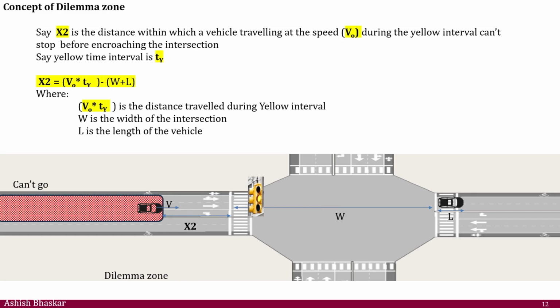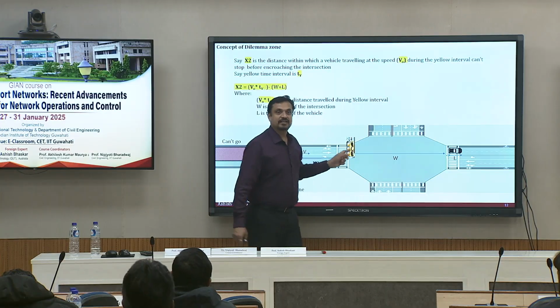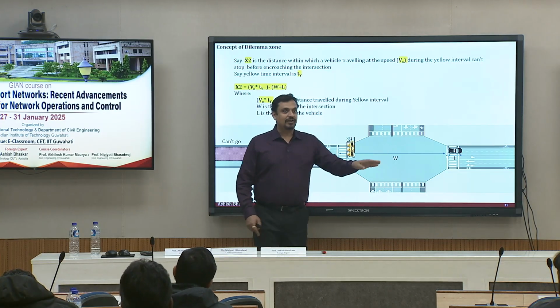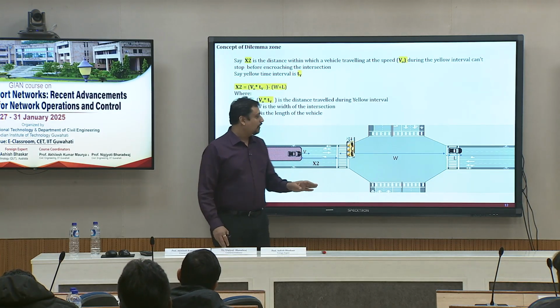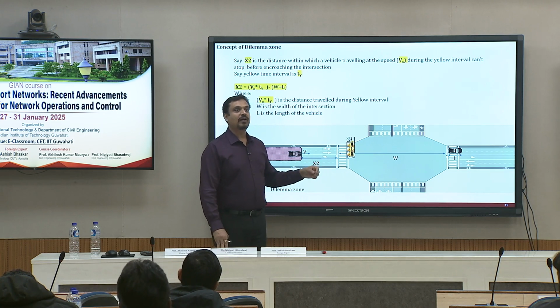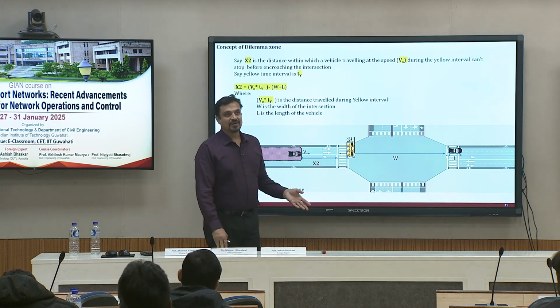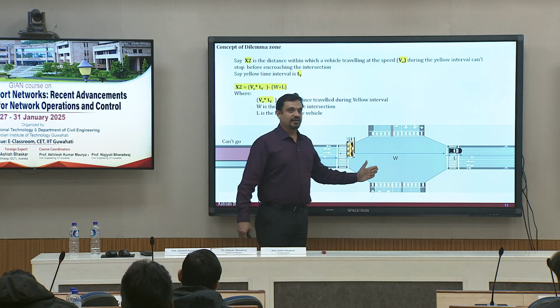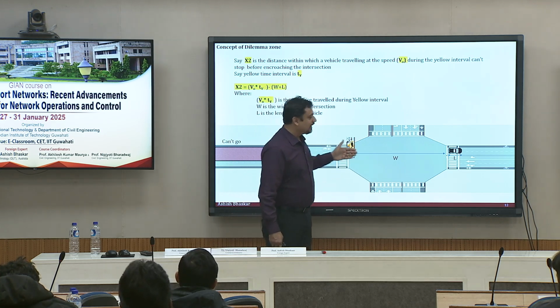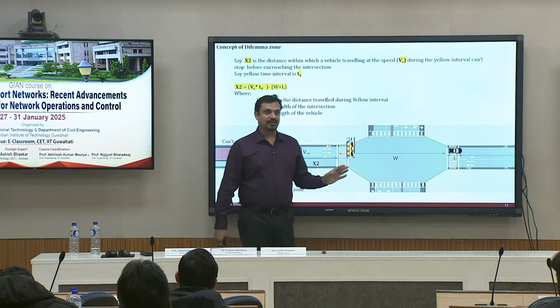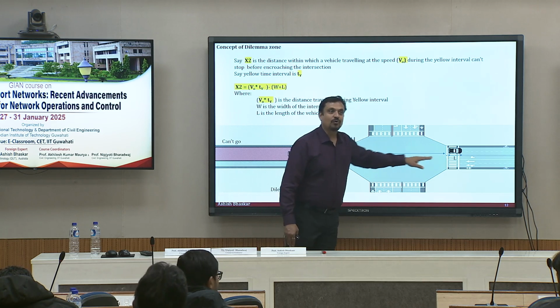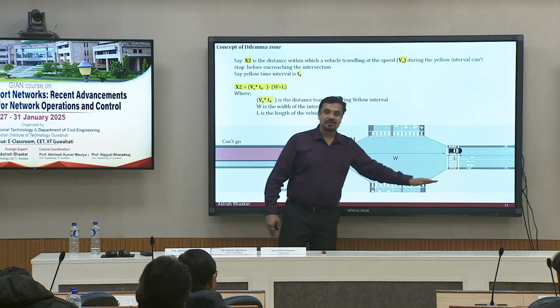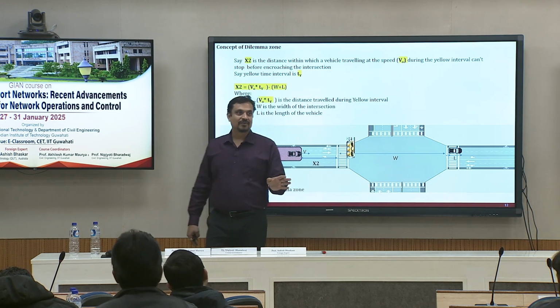Even if you are able to enter the intersection in the yellow time and you are somewhere in this intersection, you have actually broken the law. You're fine, but you are being risky. Generally by law, you should never enter the intersection when the signal is red. So even if you have entered under the yellow, you should not be fined. But you have to clear the whole intersection so that there is no accident.